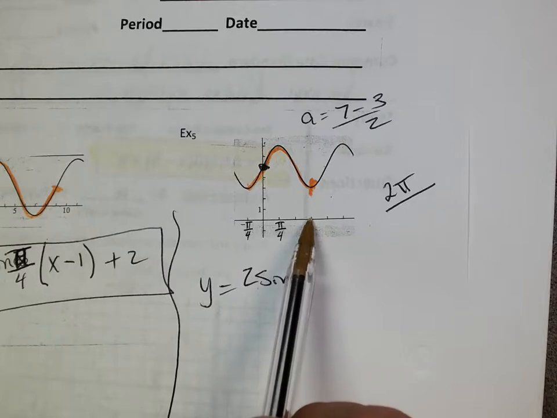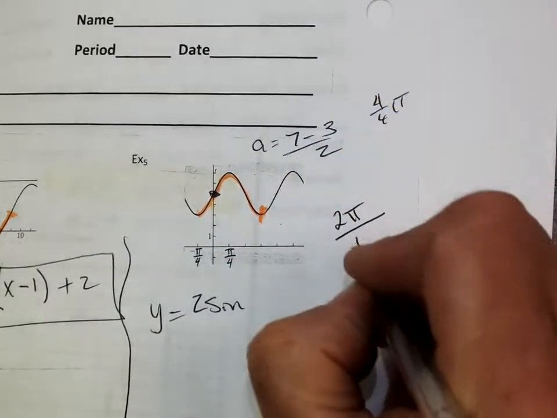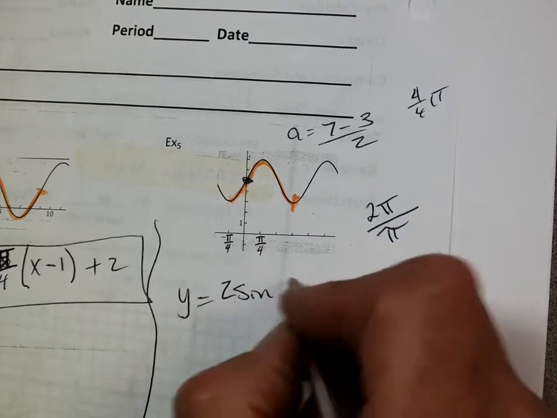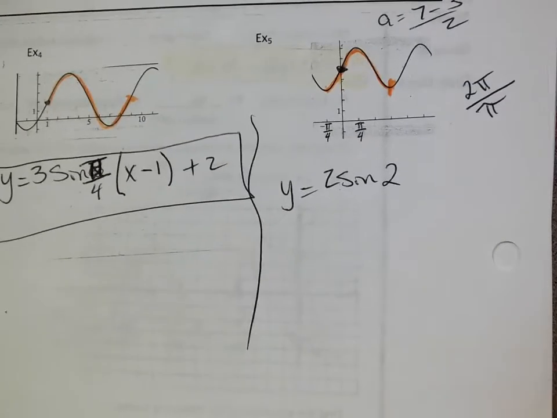So the width is 4/4 pi, or just pi, right? And what do you get for your b, or your frequency? 2. Now, before I go any further, I want to make one small observation. If the scales are not in terms of pi, you'll get pi in your answer. If your scales are in terms of pi, you won't get a pi because the pi's cancel, right? That makes sense, right? So this is just going to be a 2.